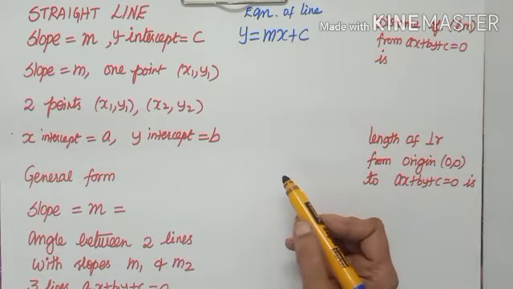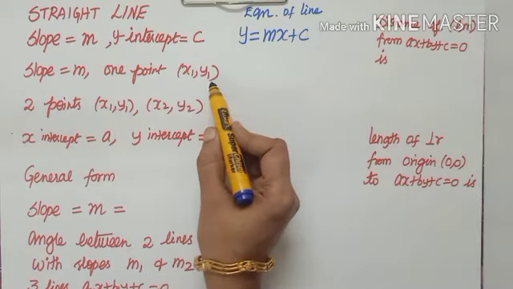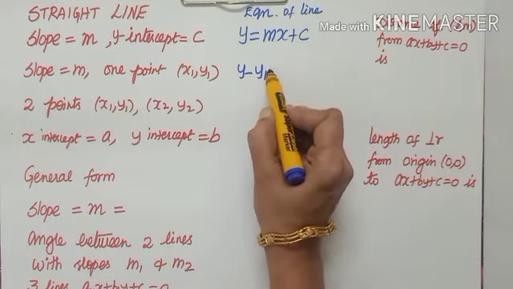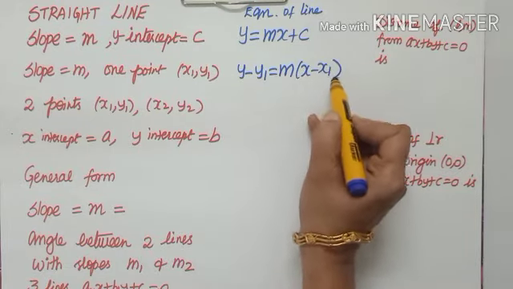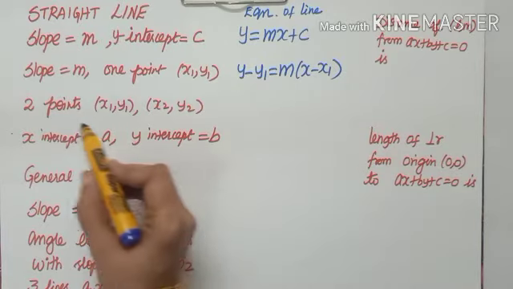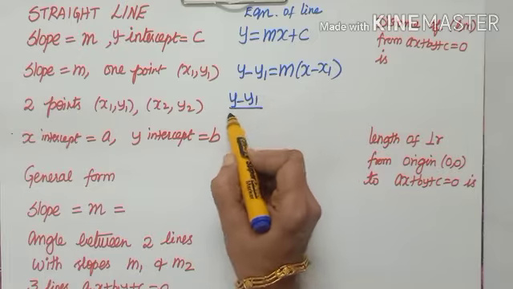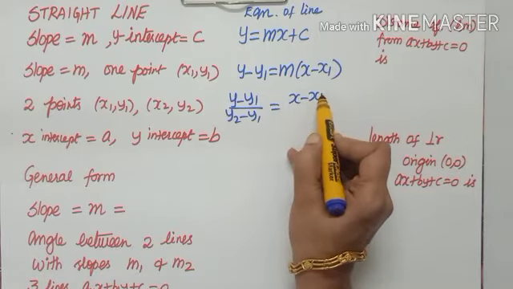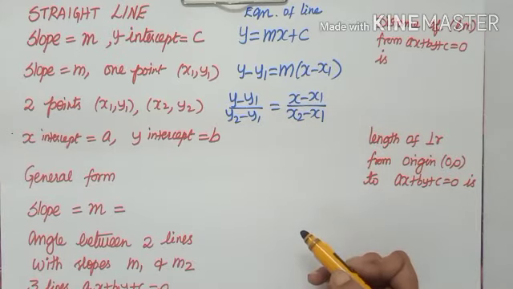plus c. When one point (x1, y1) and the slope m is given, y minus y1 equals m into (x minus x1). Whenever 2 points are given, (y minus y1) by (y2 minus y1) equals (x minus x1) by (x2 minus x1).